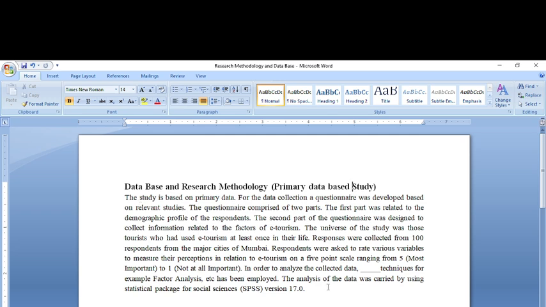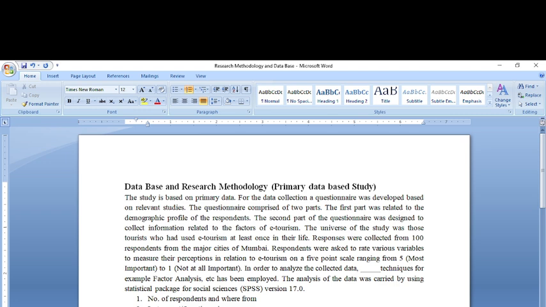So database research methodology in case of a primary study comprises of first the number of respondents and where from. Second, the instrument, that is the questionnaire. The instrument is always a questionnaire in case of a primary study.